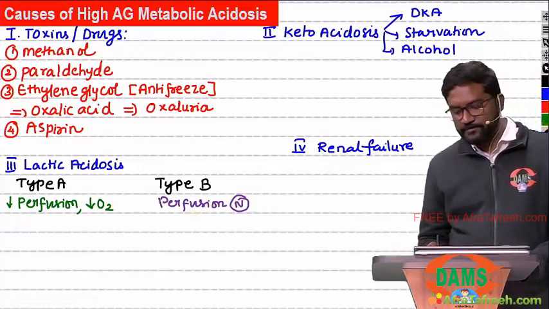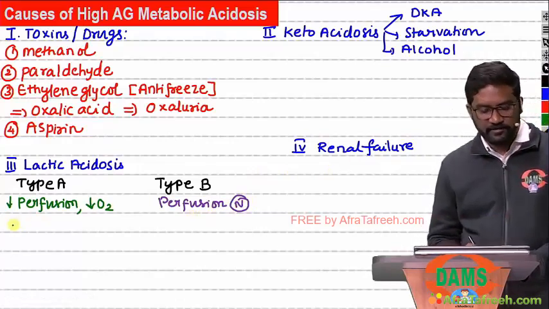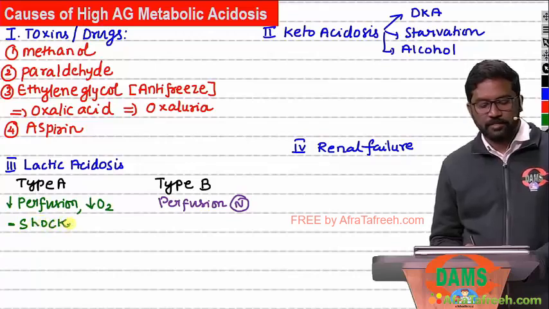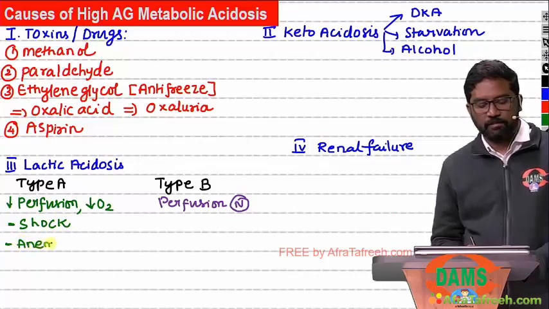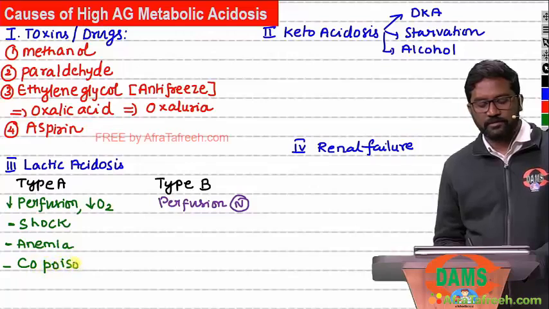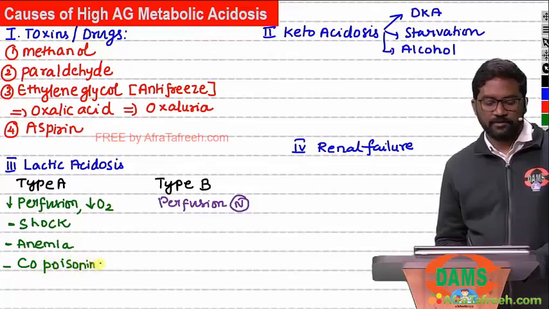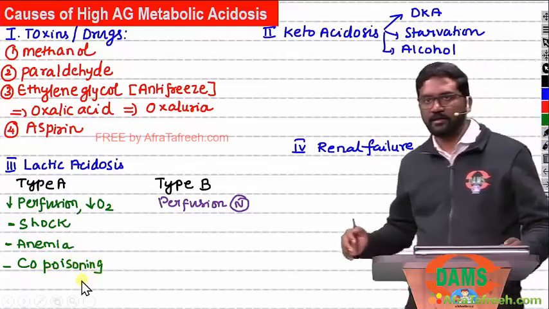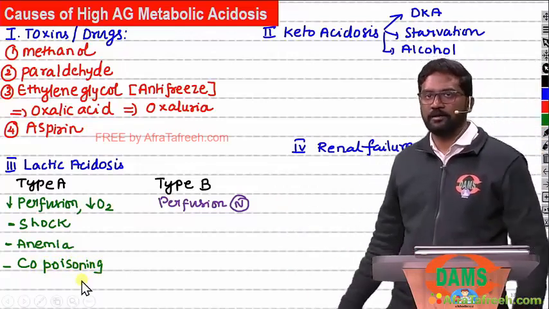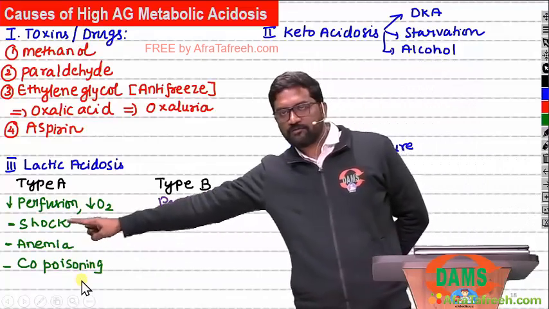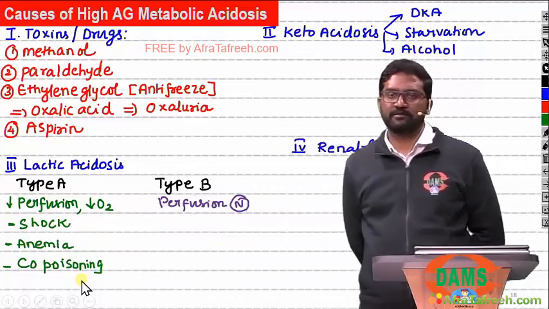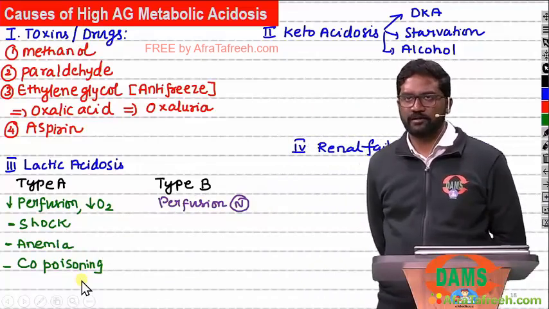First let us see classical lactic acidosis. The causes are shock. Then it can be due to anemia. It can be due to carbon monoxide poisoning. Now why in shock? What actually carries oxygen to the tissues? Blood. In shock there is no perfusion reaching the tissues, anaerobic metabolism will take place.